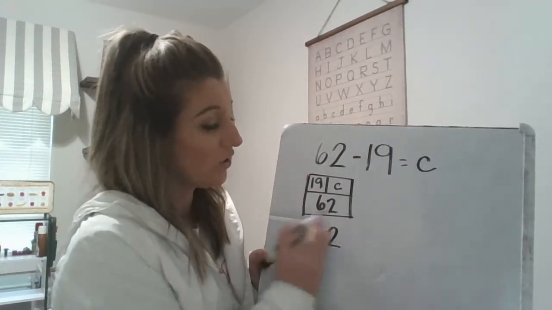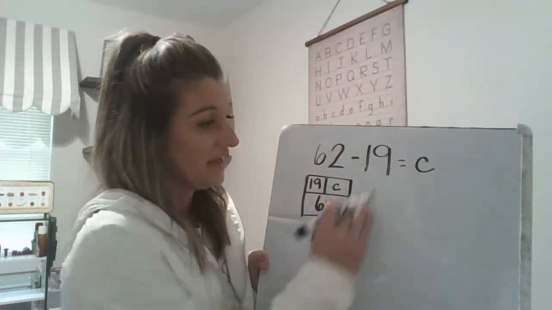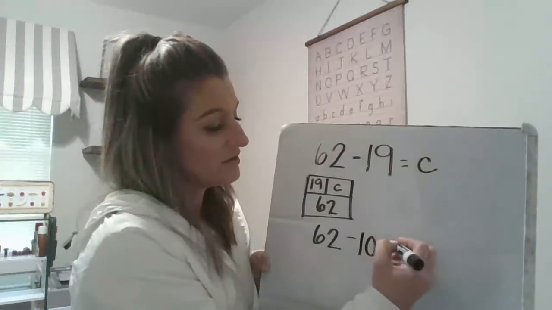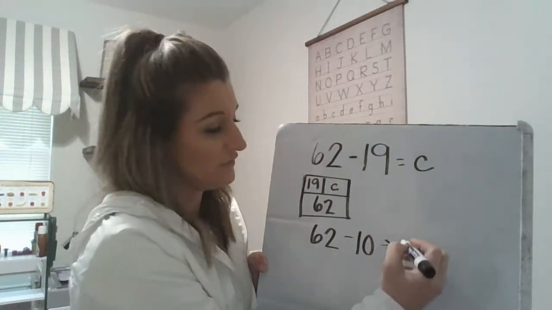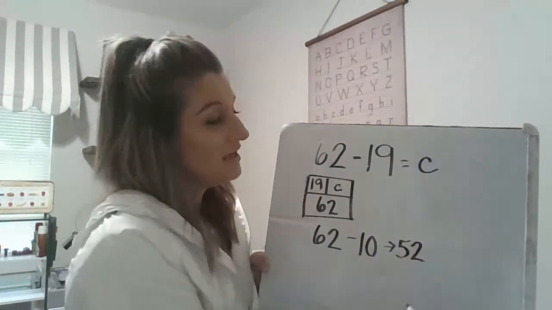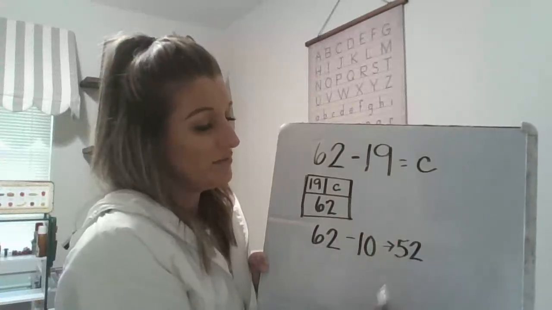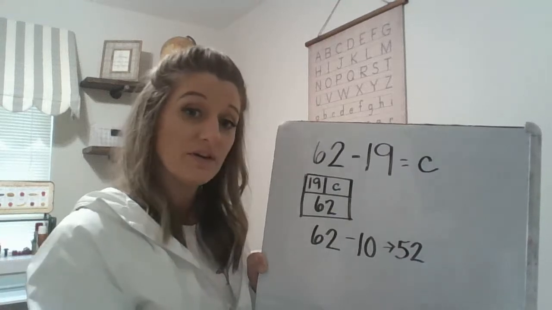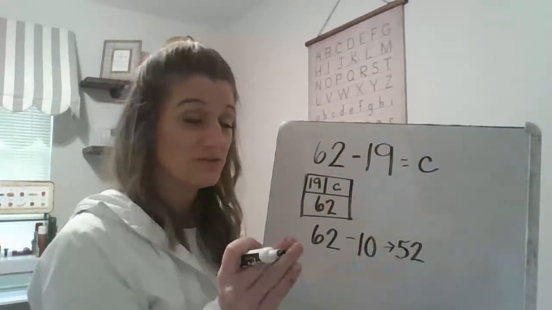So I'm going to keep the whole number 62, and I'm going to take away 10 because 19 has a 10 in it. And that would get me to what? 52. Great job. Now I need to take away 9, but I know 52 is made of 50 and 2. You can put them together, right, and make 52.